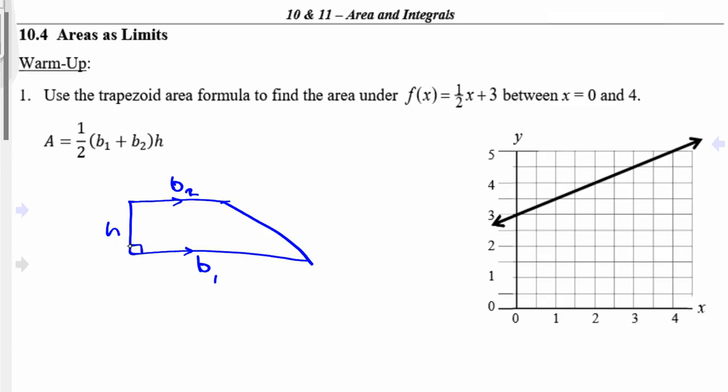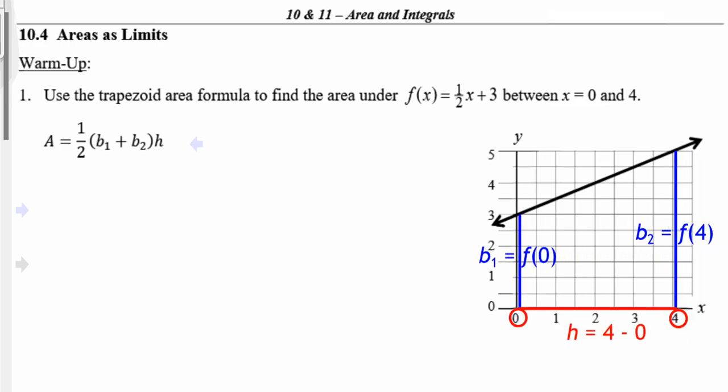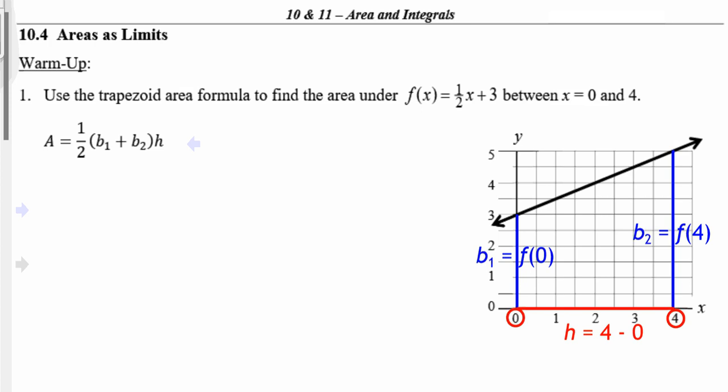All right. So over here, do I have something to pull out? I think I do. Let's see what it looks like. We have this trapezoid. So base 1 is f of 0. Base 2 is f of 4, which I wouldn't have to write in function notation, but I want you to make the connection.